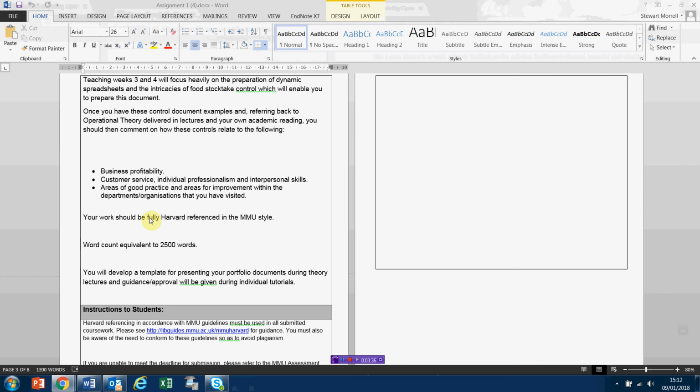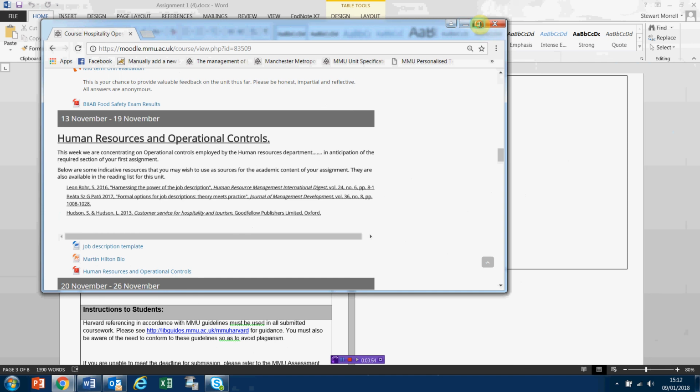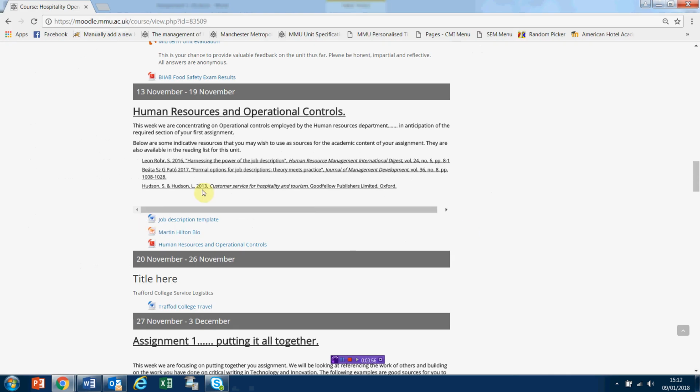Now, it says here that your work needs to be fully Harvard referenced, in the MMU style. Now, I'm not expecting bundles of references, but I do want at least 2 or 3. I've given you some indications of where you might find those, but again, I'll show you the ones that I've put onto Moodle.